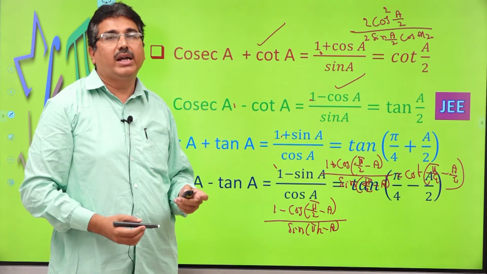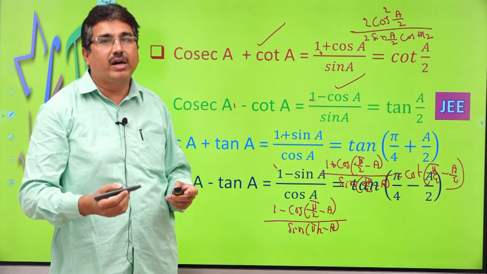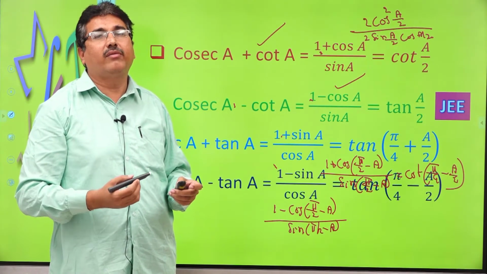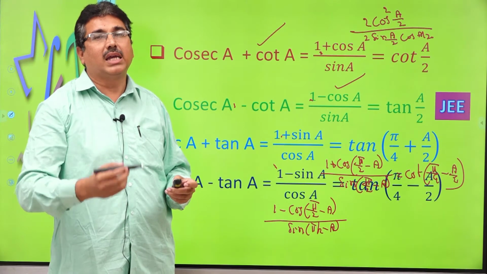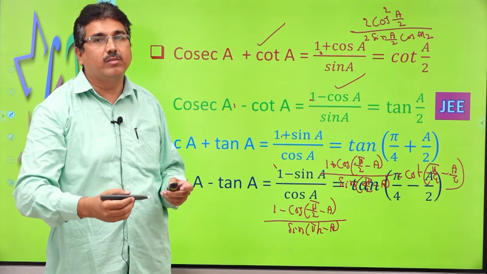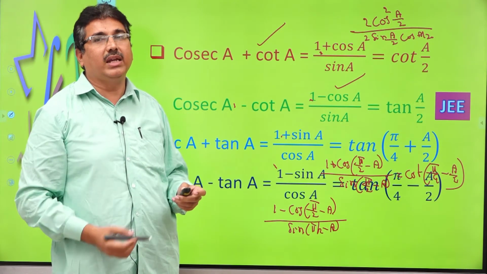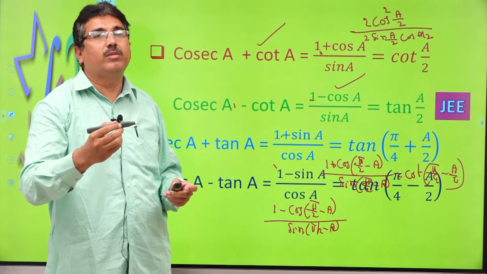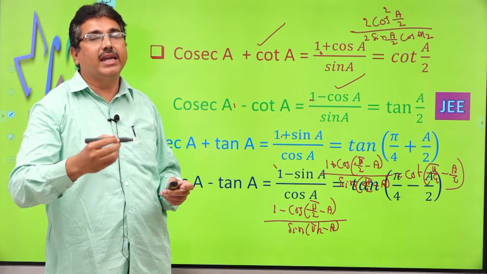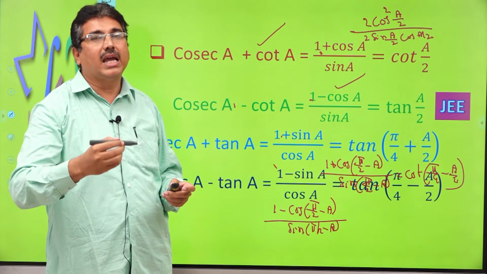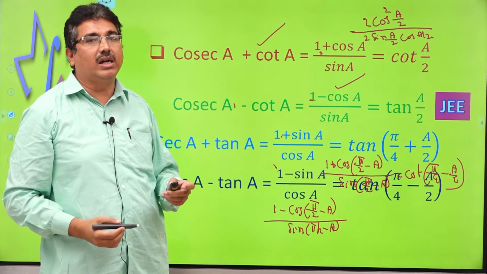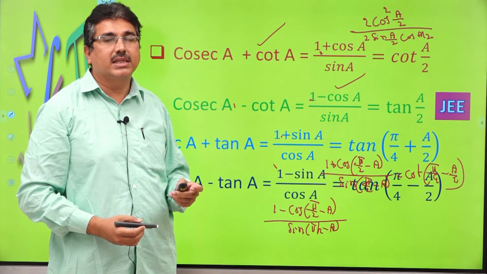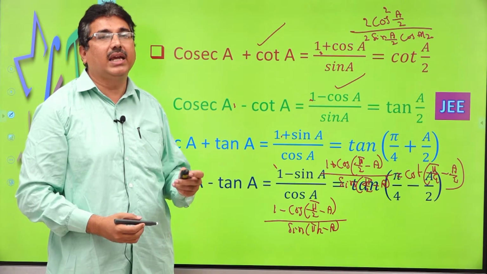Okay, once I summarize the previous formulas. First, we define sin 2a formula, cos 2a formula, tan 2a formula from sin(a plus b), cos(a plus b), tan(a plus b). Right. Also from sin(a plus b plus c), cos(a plus b plus c), tan(a plus b plus c) formulas, we define sin 3a, cos 3a, tan 3a.